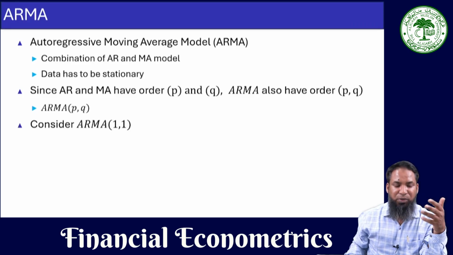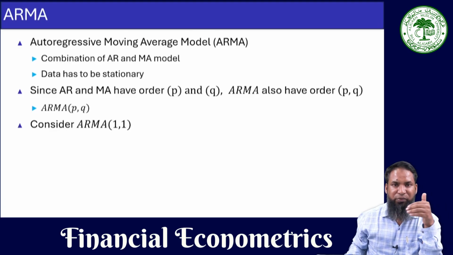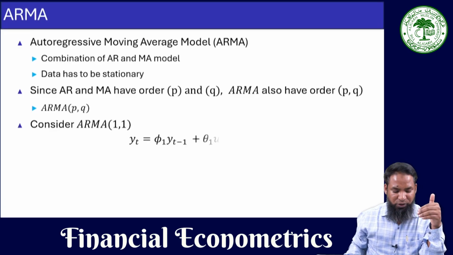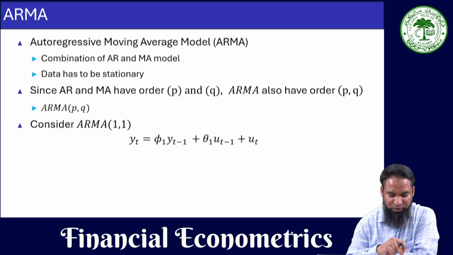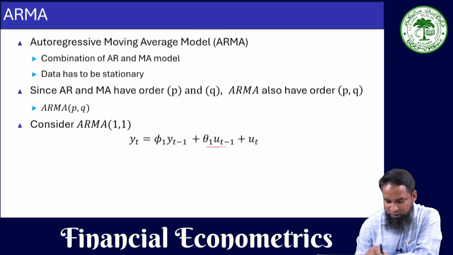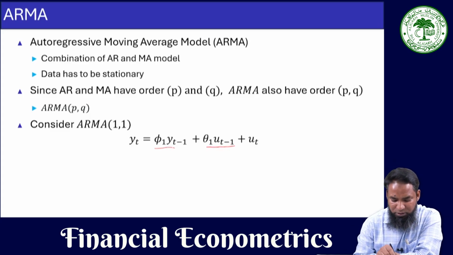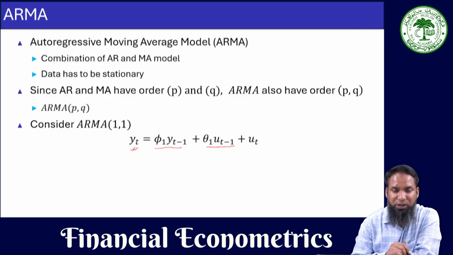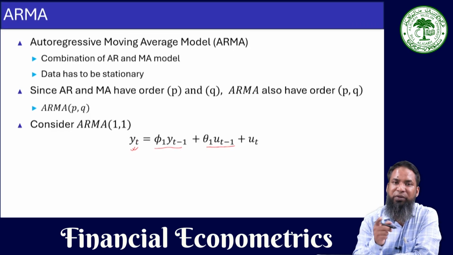Let's consider the ARMA(1,1), that is the autoregressive part has order 1 and the moving average has order 1. In that case, we can write yt is equal to phi 1 yt minus 1 plus theta 1 ut minus 1 plus ut. This structure is for the moving average, and this structure is for the autoregressive process. So the current observation of the series depends on the previous observation and also on the previous random shock or random error.